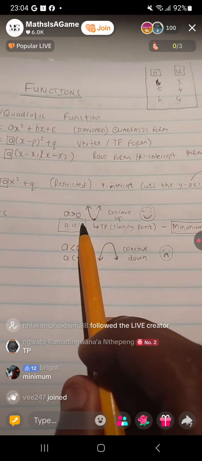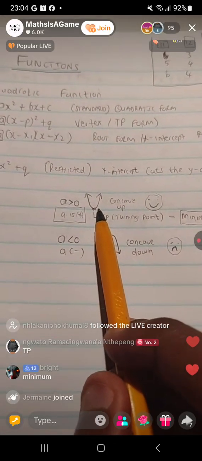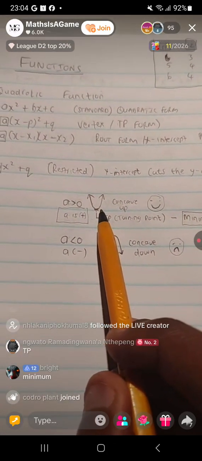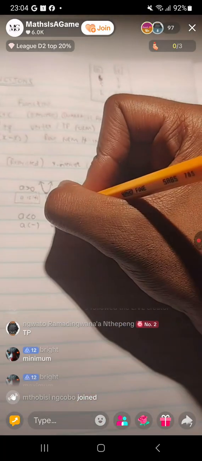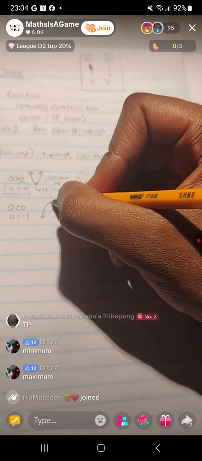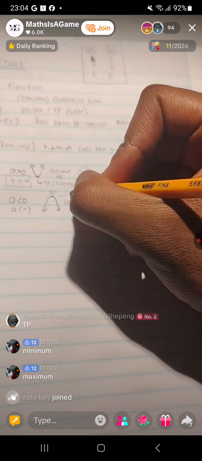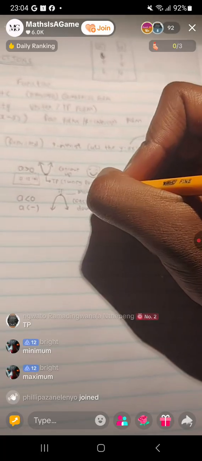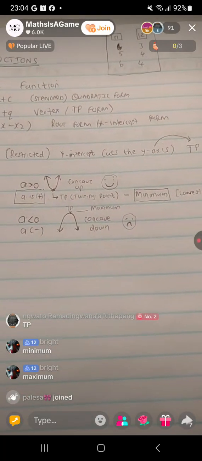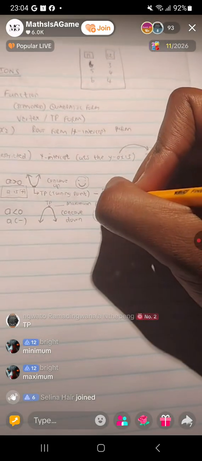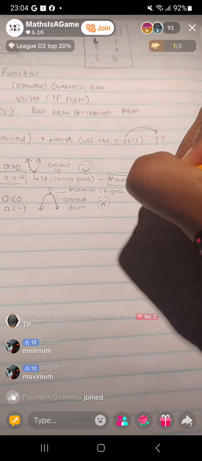So when a is positive, the function has a minimum value. When a is negative, the turning point now is not at the bottom, but at the top, which would therefore mean we don't have a minimum, but we have a maximum. The highest point.